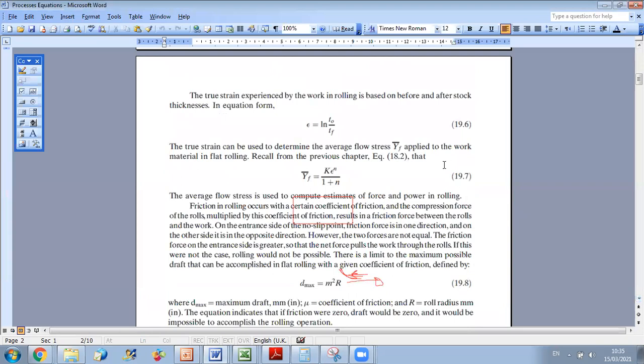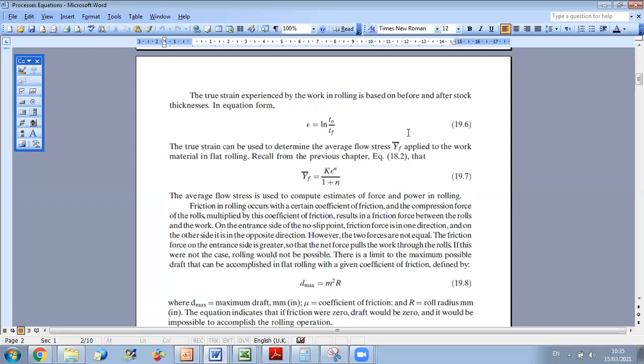If I want to compute the average force acting on my contact area, first I can calculate the true strain experienced by the work in the rolling process, which is based on the variation of thickness. Since it's a squeezing operation, we have a reduction of thickness, so we will use epsilon compression. The absolute value of epsilon in compression is ln of T0 over Tf.